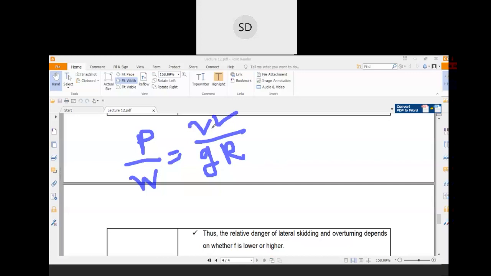So how will the super elevation affect? Now the thing is, without that super elevation, what will happen? Suppose that is a plain road and that is a vehicle. If centrifugal force is acting in that direction, the only thing that will resist the centrifugal force is the frictional force.